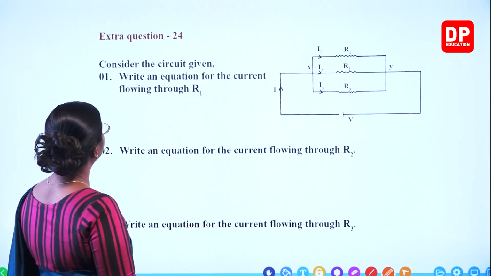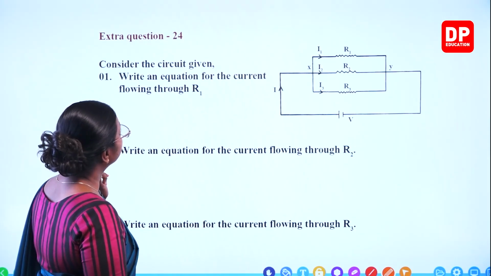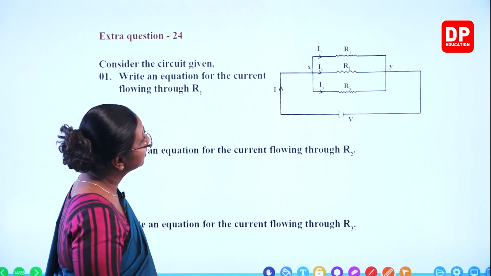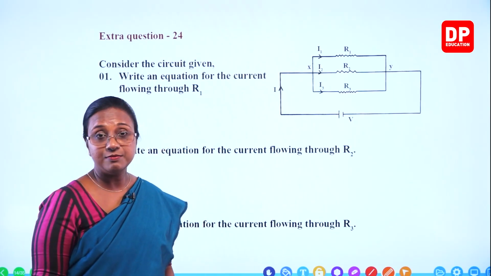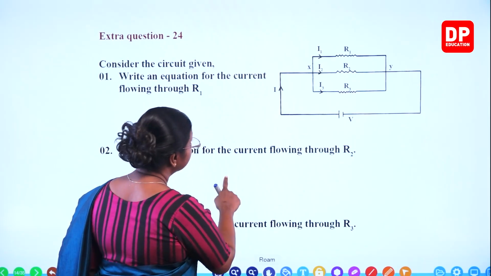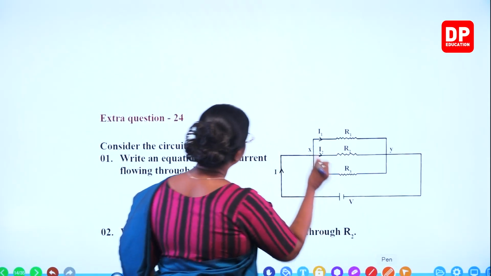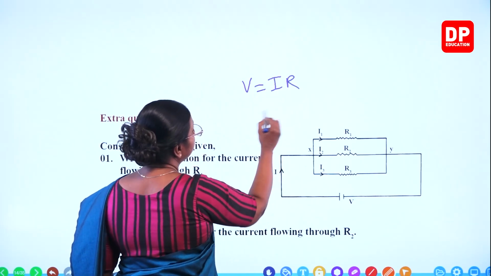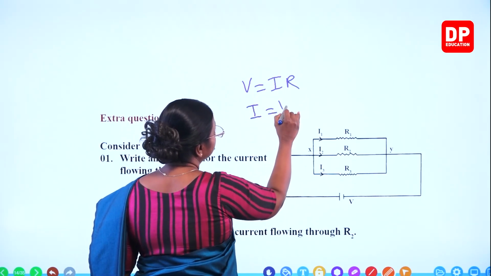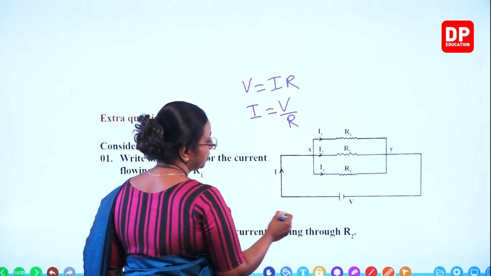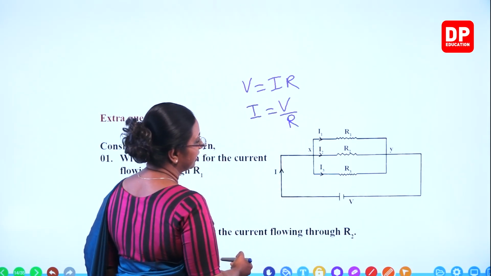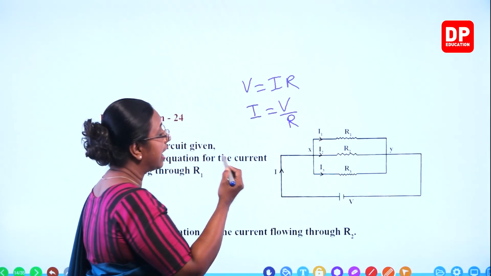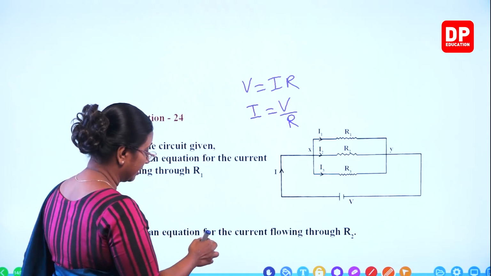Then if we look at the questions, write an equation for the current flowing through R1. What is the current? There it is given as I1. Normally, you all know, students, if we write the relationship, we have the equation V equals IR. From that, you can rearrange I is equal to V over R. So, here the potential difference is given as V. Through each resistor, the current is given as I1, I2 and I3 respectively.